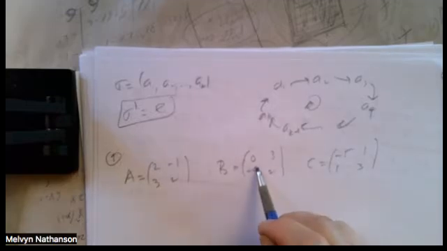And C is (minus 5, 1; 1, 3). So these are just 2 by 2 matrices with integer coefficients. They don't have determinant 1, so they're not in that group SL2, but they're just 2 by 2 matrices, and you can multiply them and see if you can take their inverses.